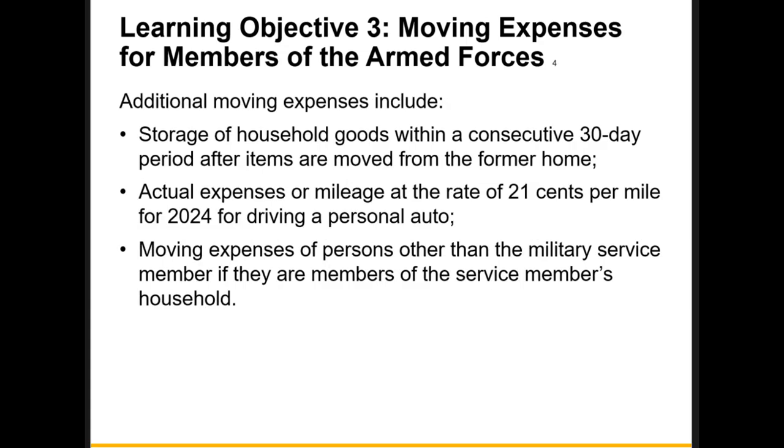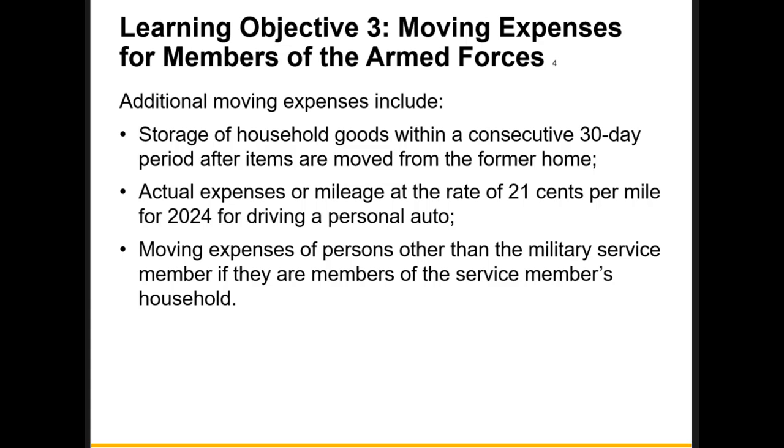So some things that you might consider for moving: storage of household goods as you get them across the country. If you drive your car, 21 cents per mile for driving from the place you move from to the place you move to. And that could include multiple cars that you have to take because you have more as a family. You have two members of the military and a spouse.